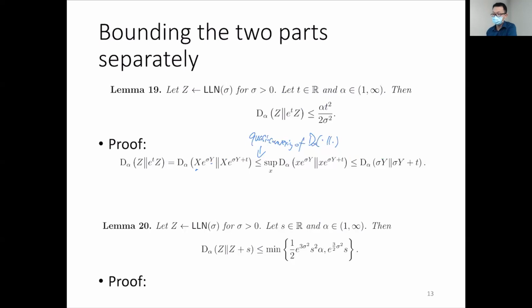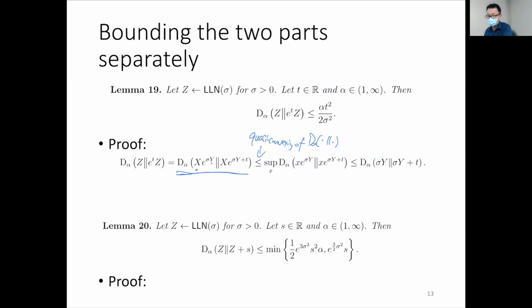So the idea is that in order to bound the Rényi divergence of these two distributions, it suffices to fix every individual X, and then bound the corresponding Rényi divergence of just this log normal distribution, without worrying about what this X is.